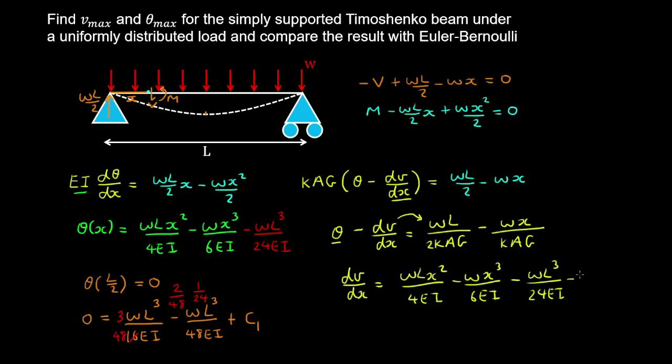And that's minus WL on 2 kappa Ag, and then plus Wx on kappa Ag.